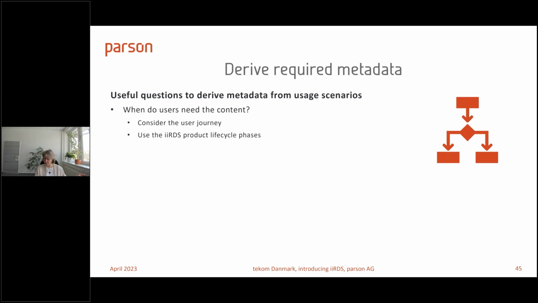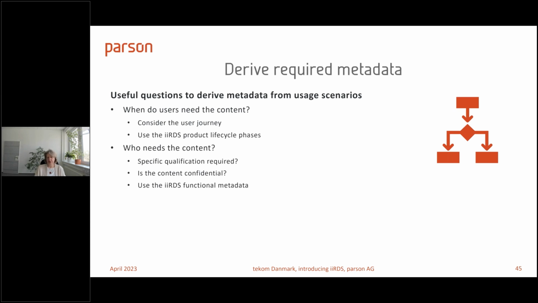They search for the right product, then they acquire the product, then they buy it, transport it to their location, then they take it into operation, and they use it, maintain it, and at some point in time they dispose it. So at these stations in their user journey, they need different types of information, and you can use metadata from the product lifecycle phases to actually tag content for each part of the journey.